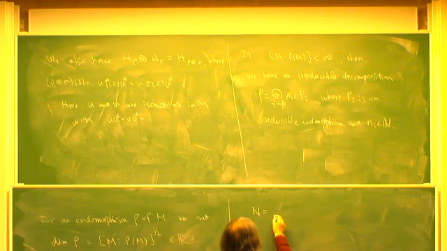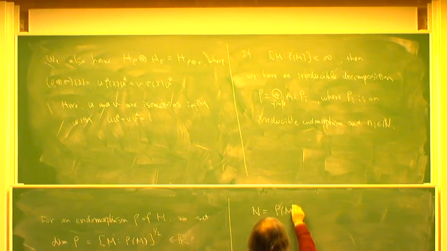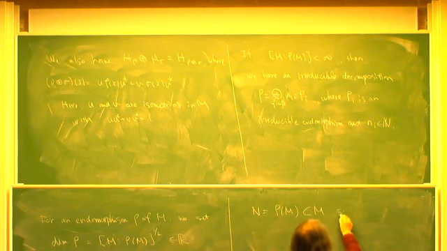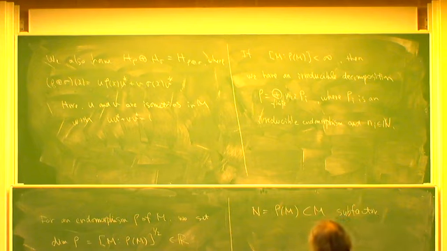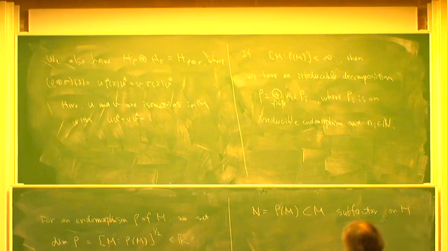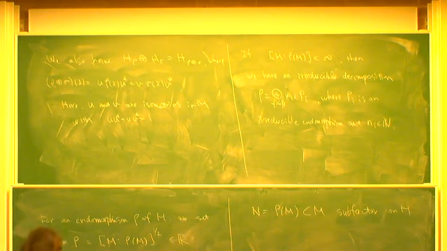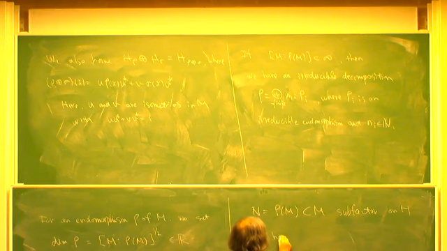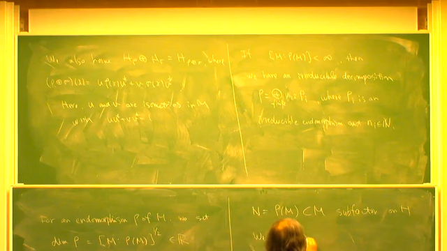Select N to be the image, so this is a subfactor, on the Hilbert space H rho, just the Hilbert space H. Then, by the fact that we have type III factors, we have something very nice. So we have omega with this property.